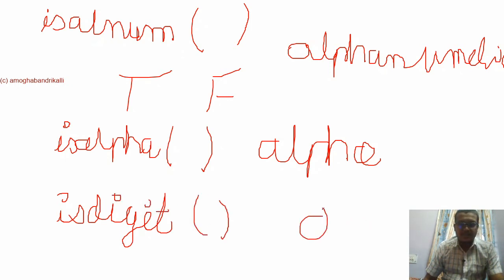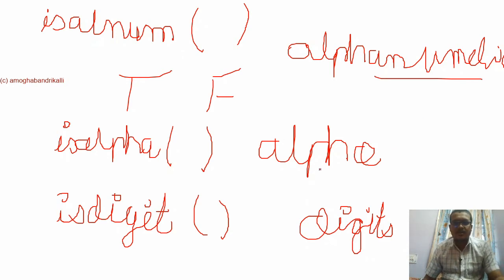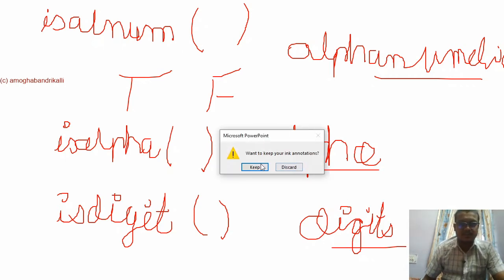In the given string, it is going to check whether the digits are present or not. So that is called isdigit. So this is going to check whether alphanumeric is present or not, if you have any alphabets in the string or if you have any digits.